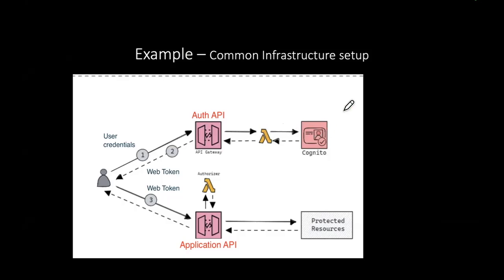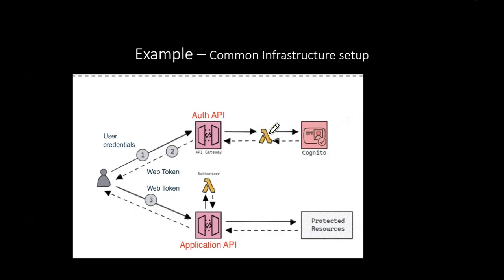The Cognito service looks up its user pool to make sure that the username and password combination are correct. It then generates a JWT token, which is returned back to the Lambda.